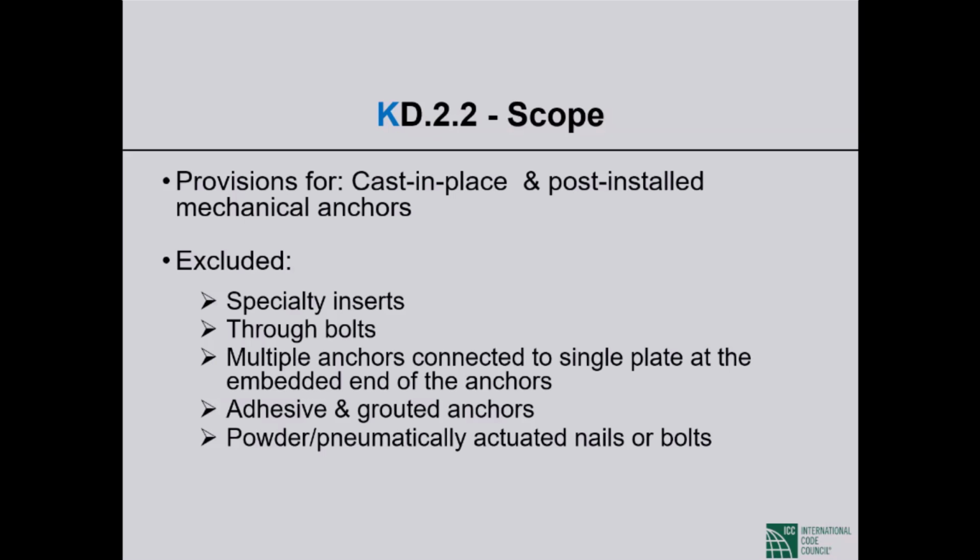So our scope, Appendix K of BNBC 2020, does not include adhesive anchors. Also excluded from scope are powder or pneumatically actuated nails or bolts. So quite a few things are outside of the scope of Appendix K.